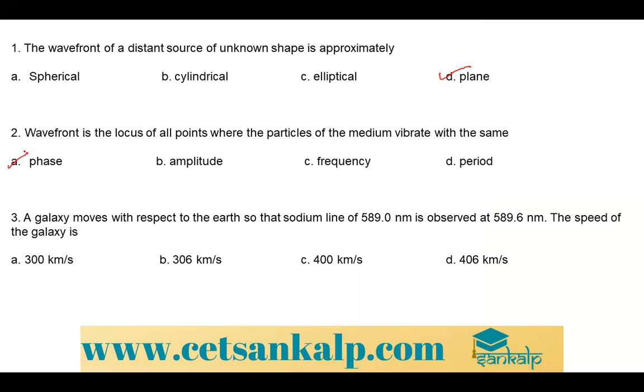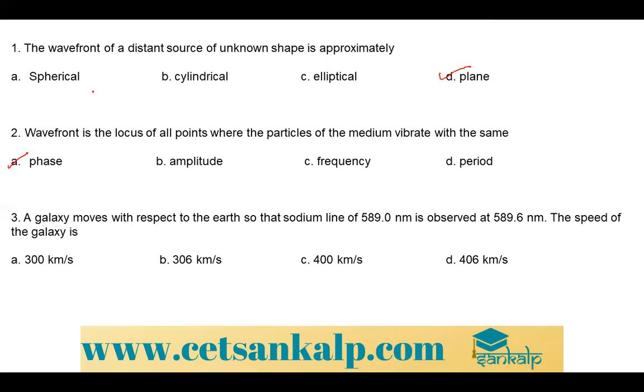Next: a galaxy moves with respect to the Earth so that the sodium line of 589 nanometer is absorbed at 589.6 nanometer. The speed of the galaxy is? This particular question is based on the Doppler effect. What do you mean by Doppler effect? The apparent change in frequency of waves from a source due to the relative motion between an observer and the source is called Doppler effect.